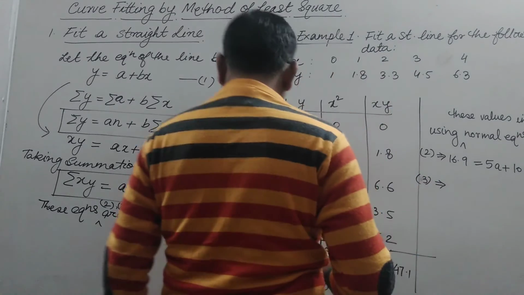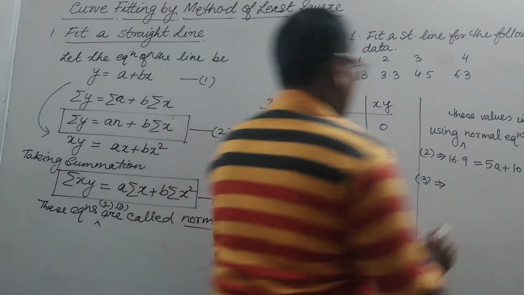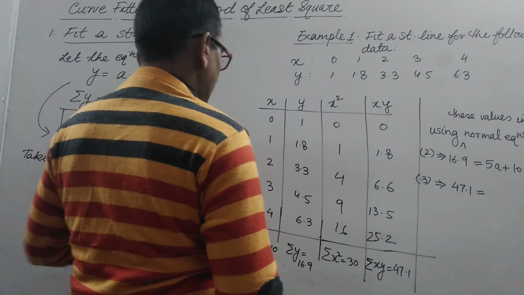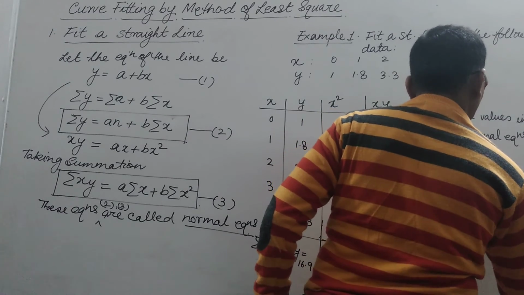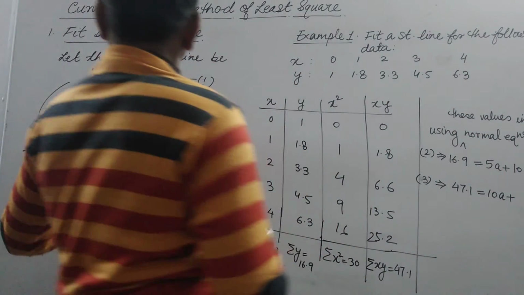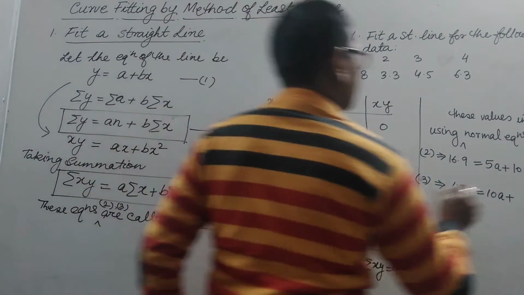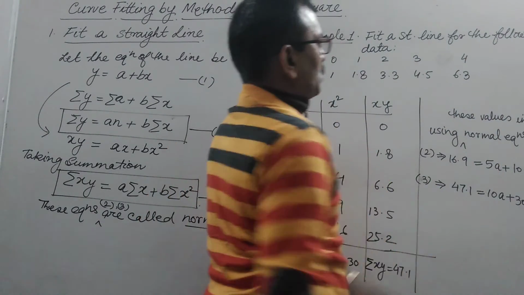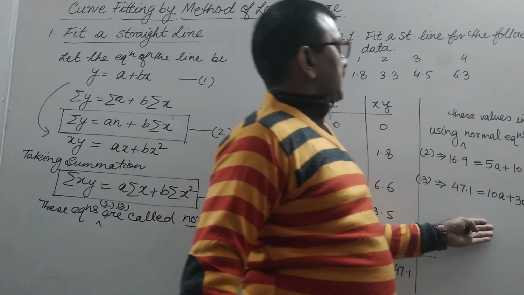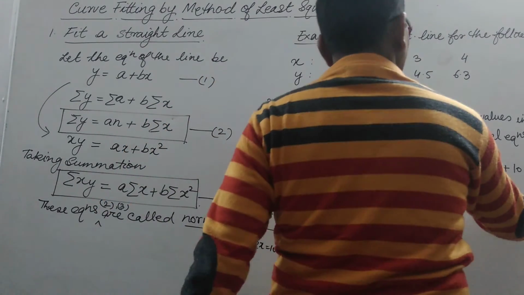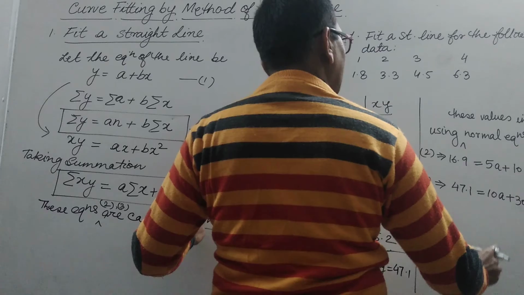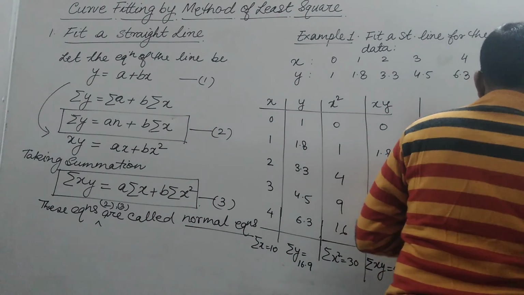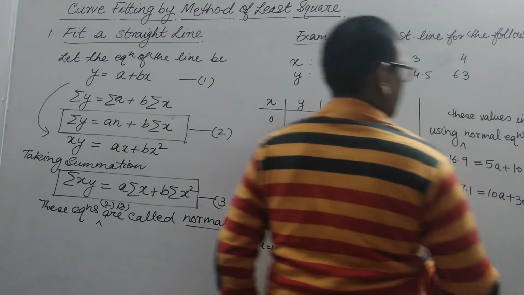Equation 3 is sigma xy, so you will write 47.1 is equal to a sigma x, so 10a, plus b sigma x square, that is 30b. Now these two linear equations you can solve. We will solve it.